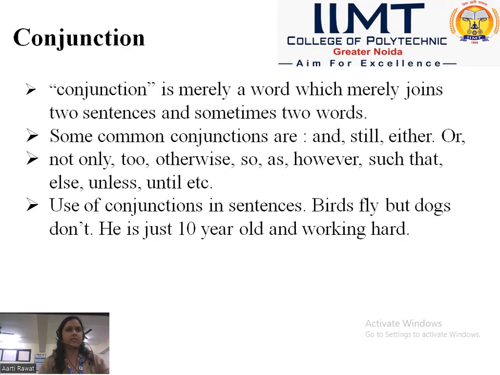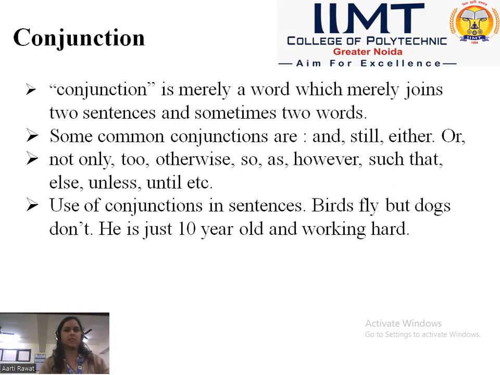And we discuss about conjunction. Conjunction is merely a word which joins two sentences and sometimes two words. Some common conjunctions are and, still, either, or, neither, not only, otherwise, so as, however, such that, else, unless, until, etc. Use of conjunctions in sentences: birds fly but dogs don't.